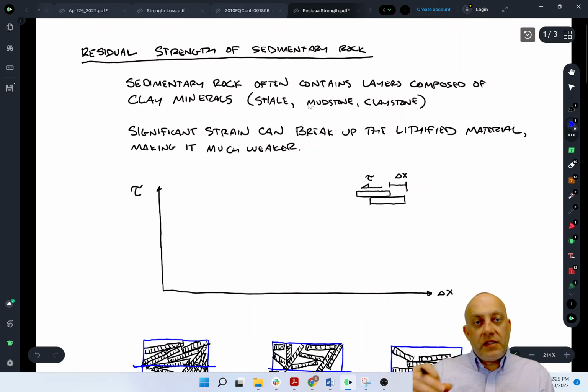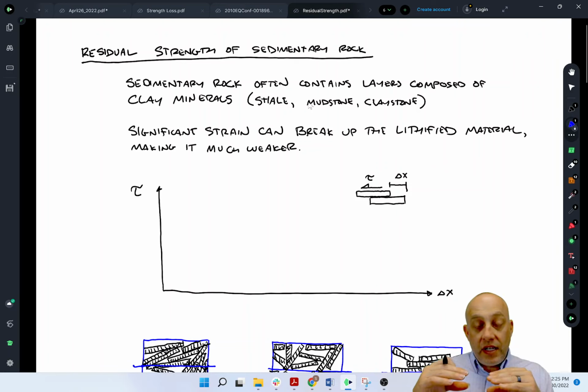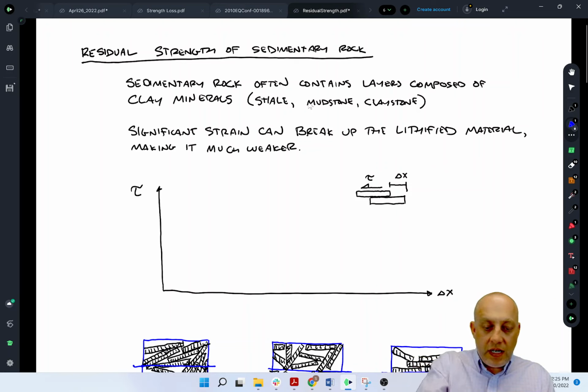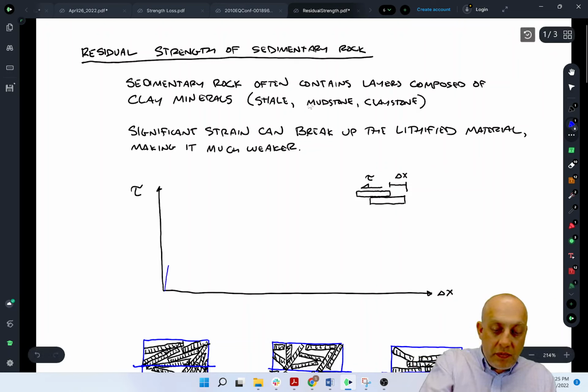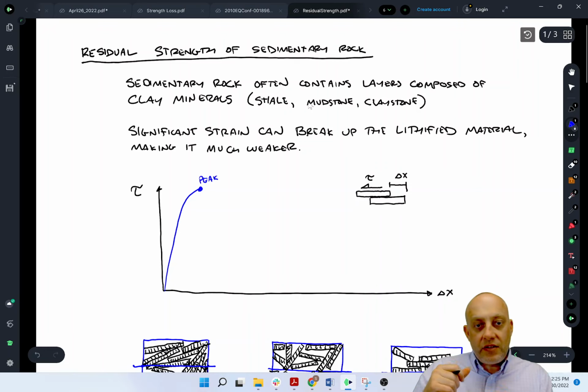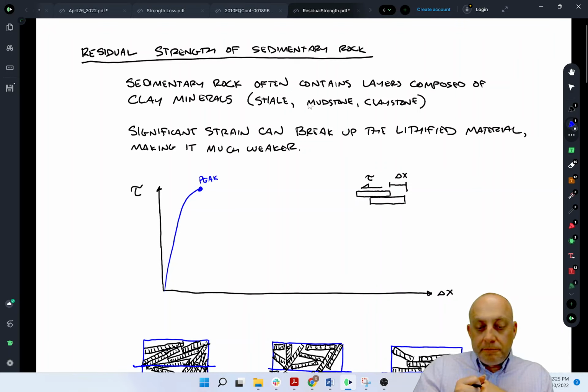And what we would find is if we started with intact claystone, it would have a very high peak strength, right? It's lithified, it's like a rock. So you would come out way up here like this and reach this peak right here because the soil is dense, it's been bonded together, the particles are tightly packed.